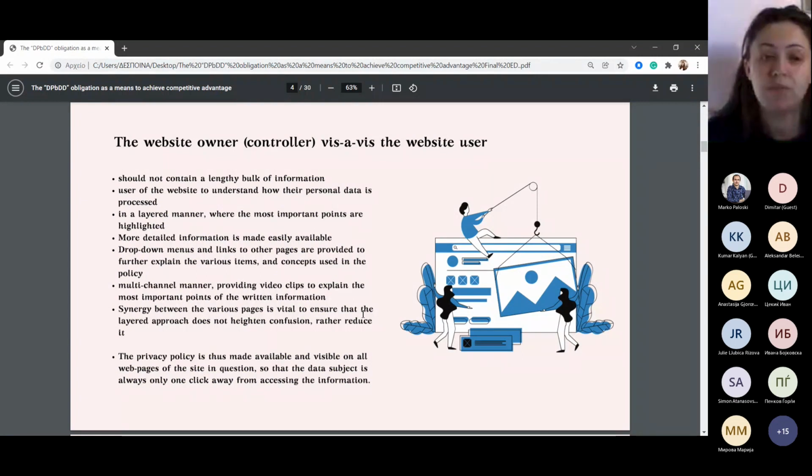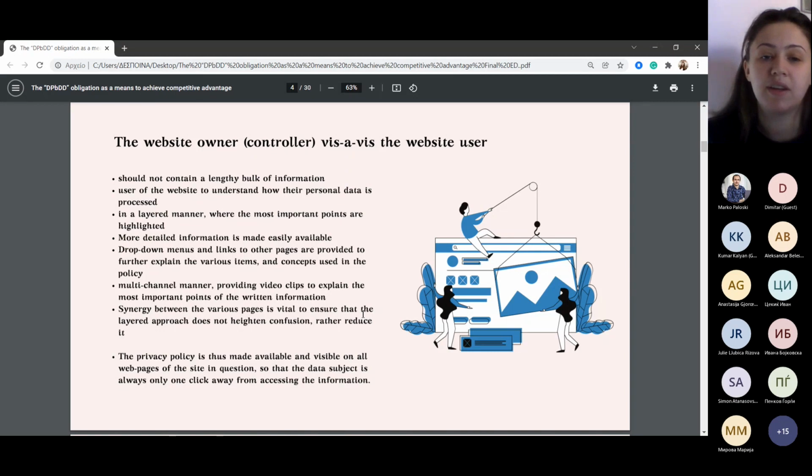Also, the information may be provided in a layered manner, where the most important points are highlighted, where the more detailed information is made easily available, where we have drop-down menus and links to other pages provided to further explain the various items and concepts used in the policy.